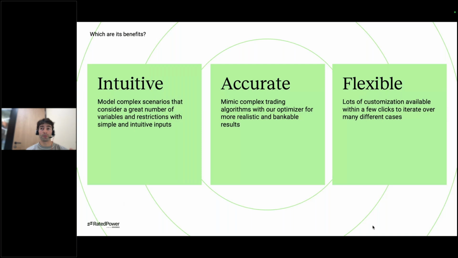That's what we're doing with this optimization approach, which we think is the most realistic and bankable way of doing this optimization.